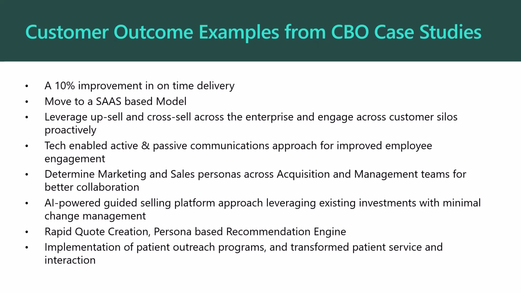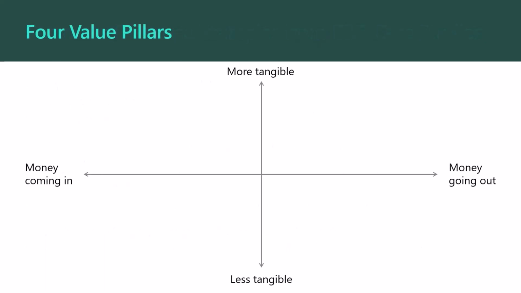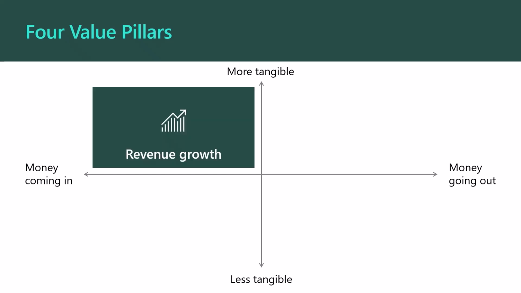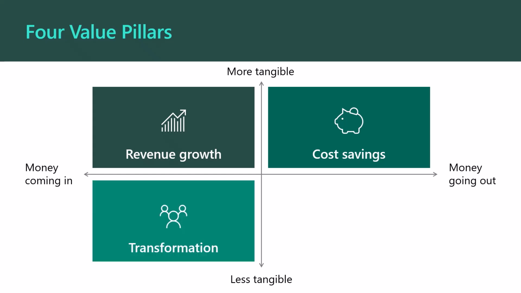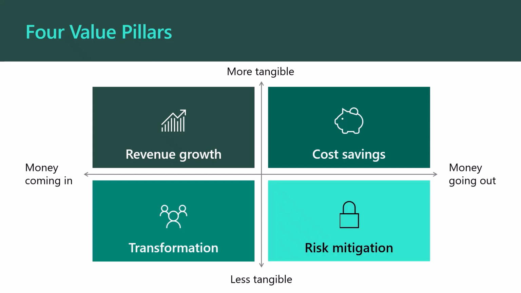So these are customer outcomes, and we want to map those to one of the four value pillars, right? So when we think about anything that a company might make an investment in, there's probably four things that they are focused on, right? One is growing revenue, saving money, doing a digital transformation, transforming their business, or a risk mitigation, right?